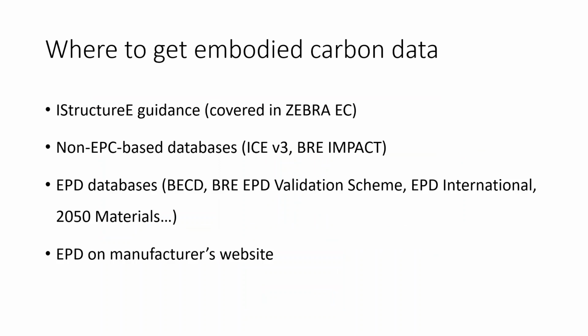Common databases used in the UK are BCD, EPD International, 2050 Materials, BRE validation scheme, etc. If you still can't find the information you need in these databases, you can also just search on the manufacturer's website to find the EPD you want.